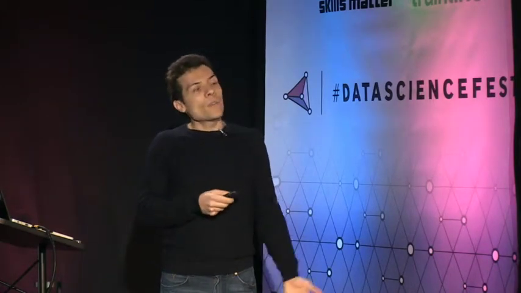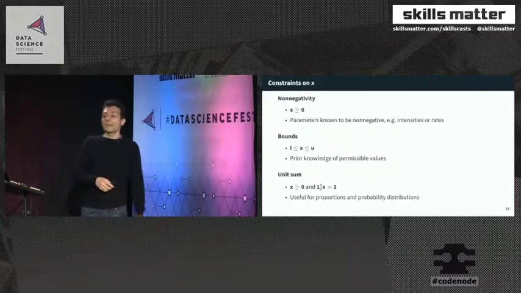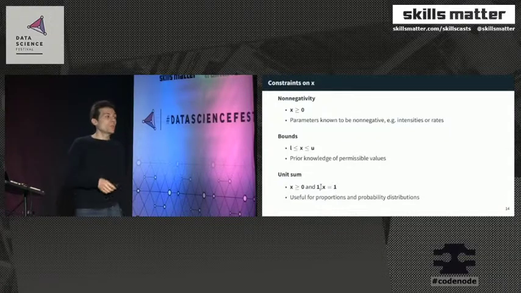If you know that x should be strictly positive, or non-negative rather, then this can be very easily added to the quadratic program, and the solver will take care of that. Similarly, if you have bounds, if you know that your regression coefficients should be between something and something else, this can also be very easily encoded there.